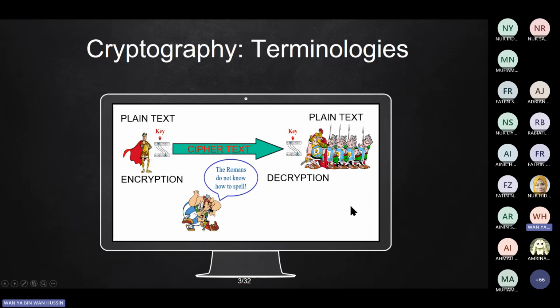So these are the terminology that you need to know. When we change plain text to ciphertext using a key, we call it encryption. When we convert ciphertext using the key back to plain text, we call it decryption.